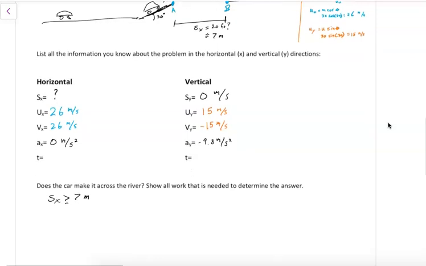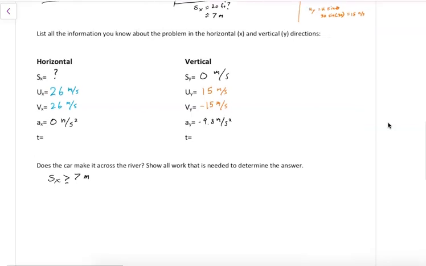So we'll need to choose which sides of the equations we want to use to get to time. And usually in most projectile motion problems, the vertical is the easiest one because we have a lot of information. So let's use this data to solve. I have my a, my v, my u, and my s, and I want to solve for t.